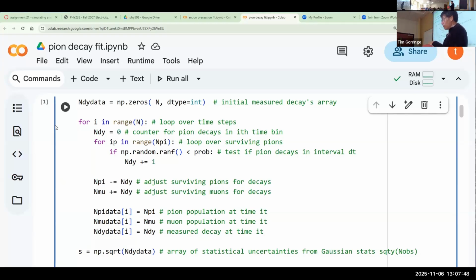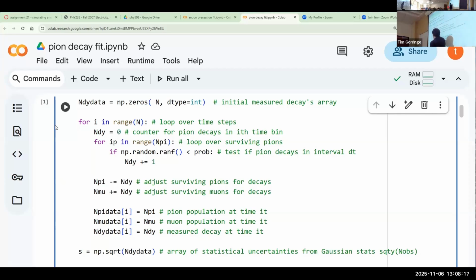Each time I walk through the outer loop, the most important thing to me is to record how many pions decay to muons in each of those steps, because that's what I would observe in an experiment, and that's what I want to record in the simulation of an experiment. How many pions decay into muons in each time bit, in each time interval.